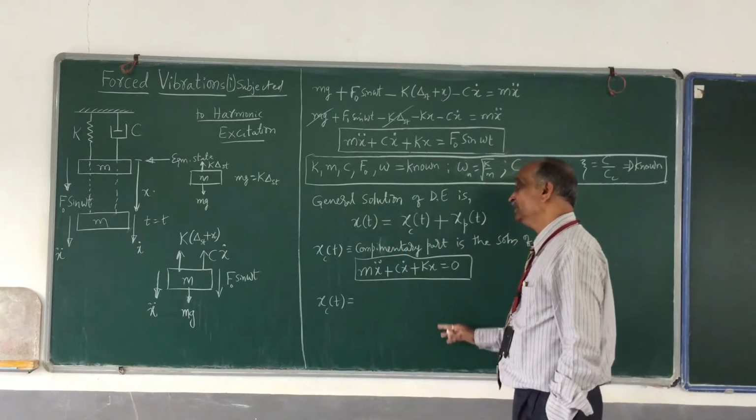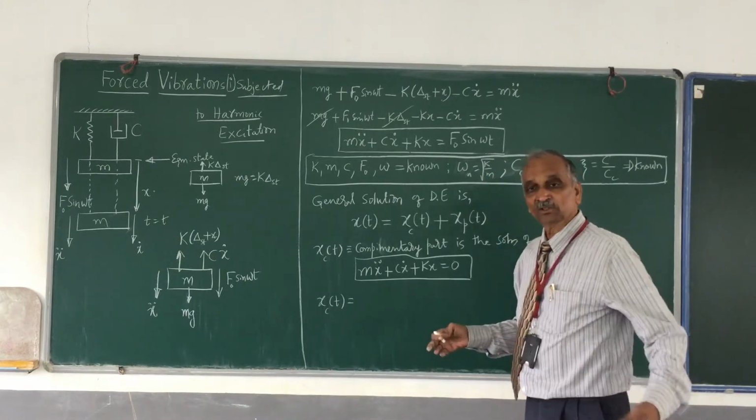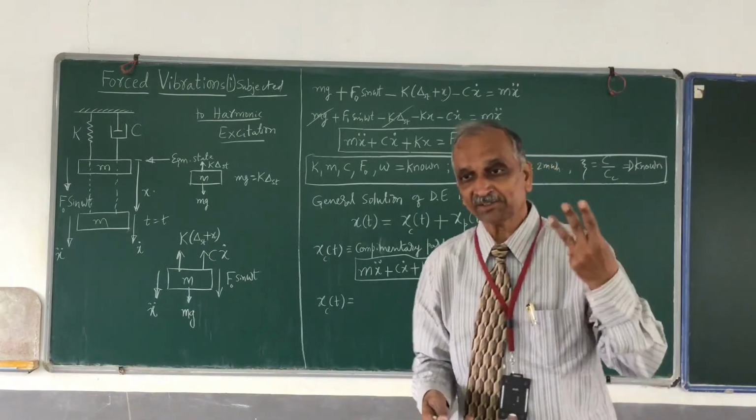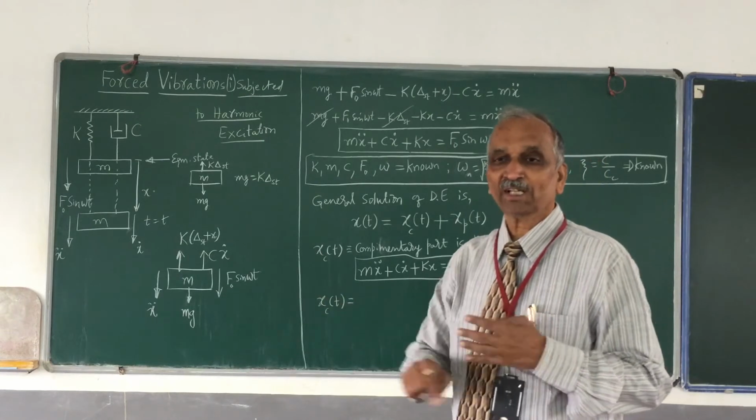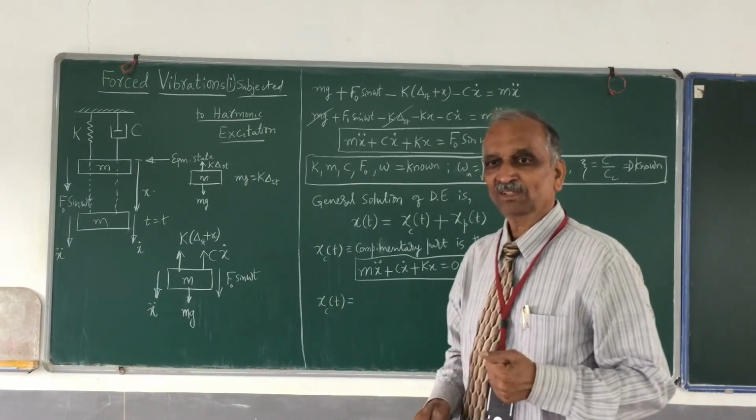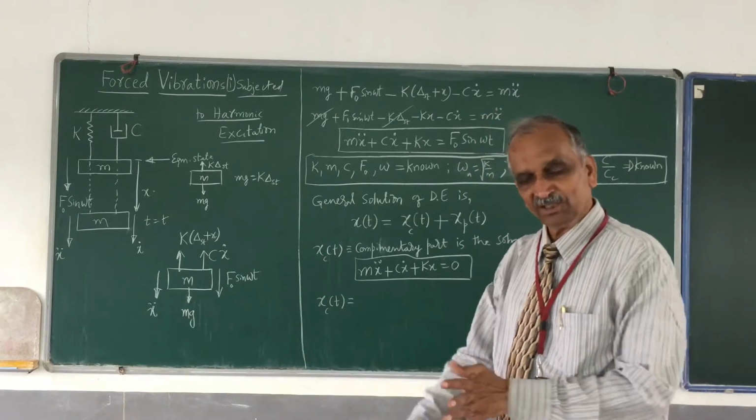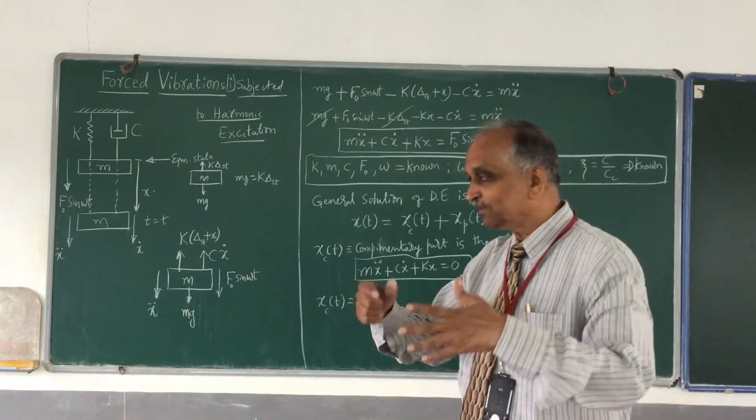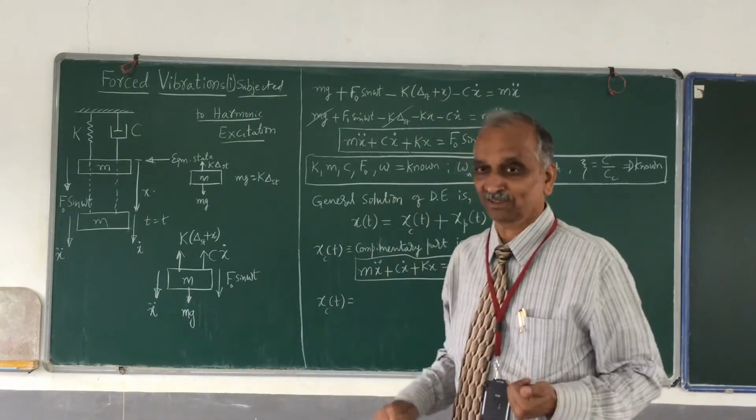The solution xc of t depends upon three factors. If the system is overdamped, you have something. If the system is critically damped, you have something. If the system is underdamped, you have something.